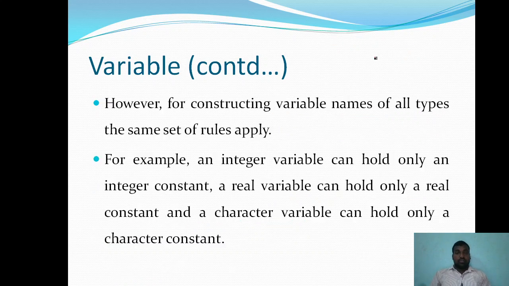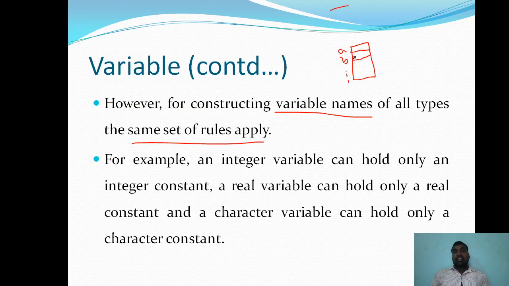However, for constructing variable names, the same set of rules is applicable for all types. Variable names are nothing but the names we give to different memory locations. So A is a variable name, B is a variable name, and so on.